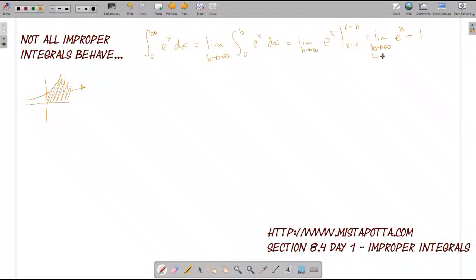And this limit does not exist. This limit is unbounded. This is really an infinity minus 1 situation. And so this integral, the integral from 0 to infinity of e to the x dx, we call it divergent.